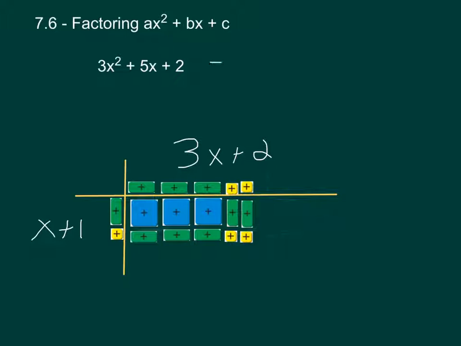Which means that the factored form of 3x squared plus 5x plus 2 would be 3x plus 2 times x plus 1. You can distribute, FOIL, multiply, Punnett square method, whatever you want, to show that this product ends up being exactly the same as that. So that's how we would use algebra tiles to see this. There are ways to do it without the algebra tiles, and that's what we're going to look at today.